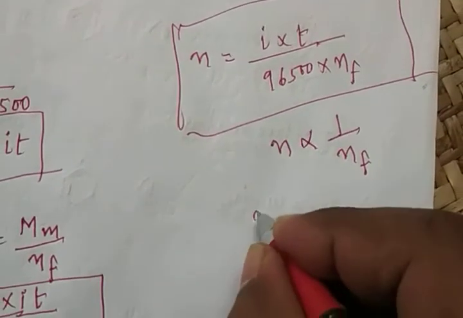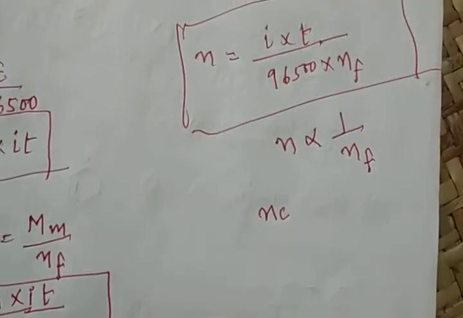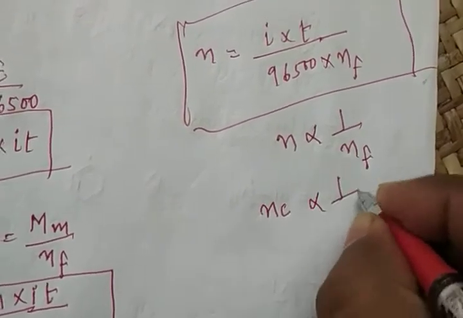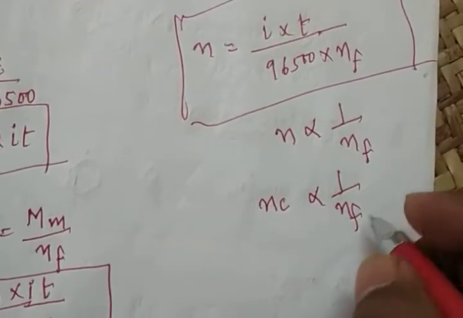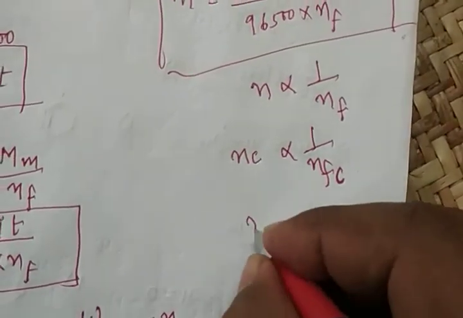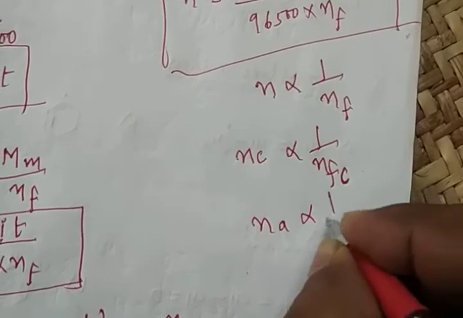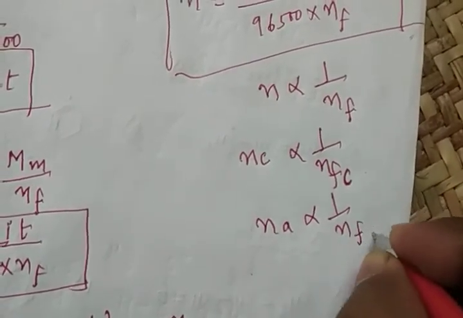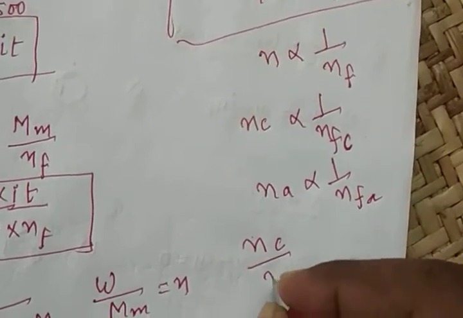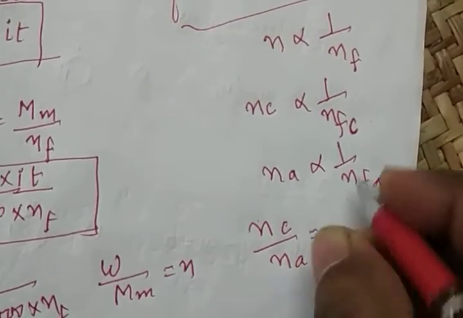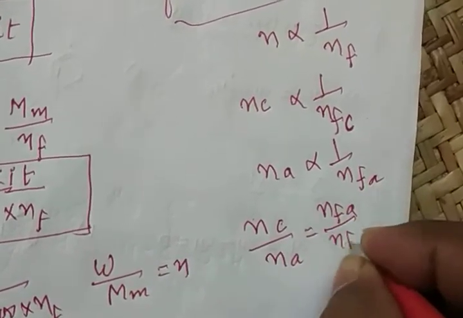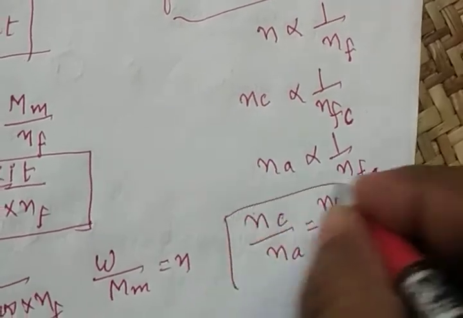So n cathode is inversely proportional to the n factor of the cathode, and n anode is inversely proportional to the n factor of the anode. It means n cathode upon n anode is equal to n factor of anode upon n factor of cathode. This is just inversely proportional.